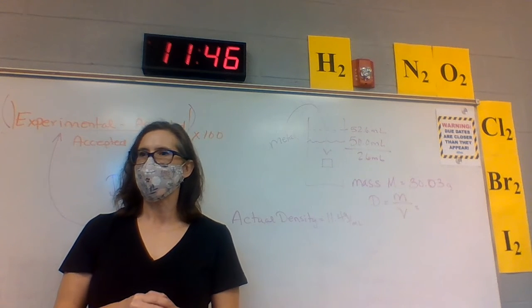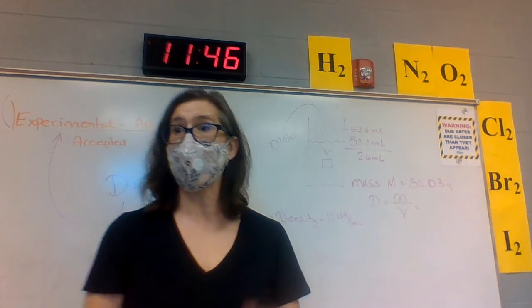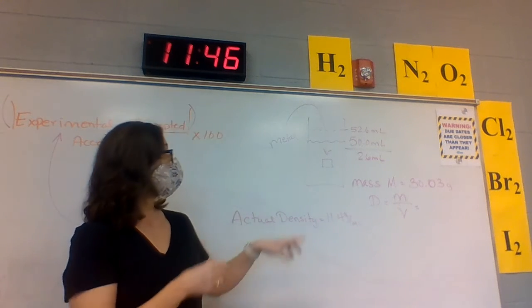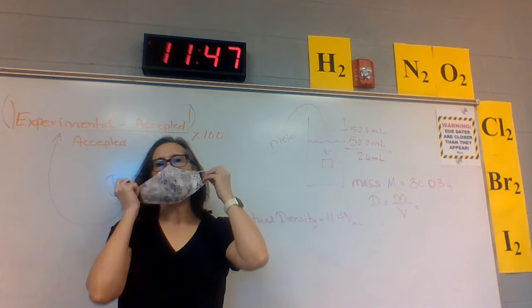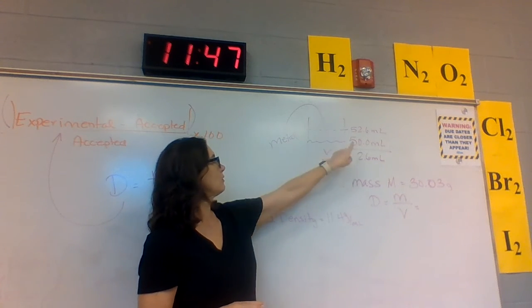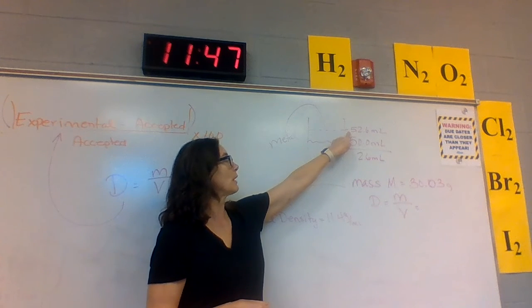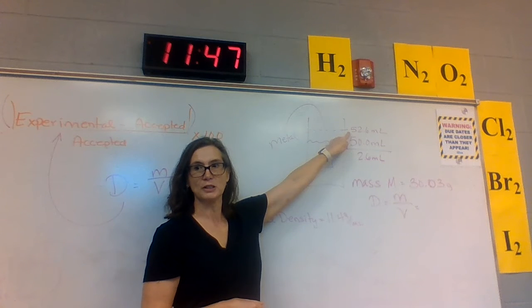All right. So, like I said, on this exit slip, or this math quiz that we have, you have a metal, and the volume of the water starts at 50 milliliters. We drop in the metal, it goes to 52.6.